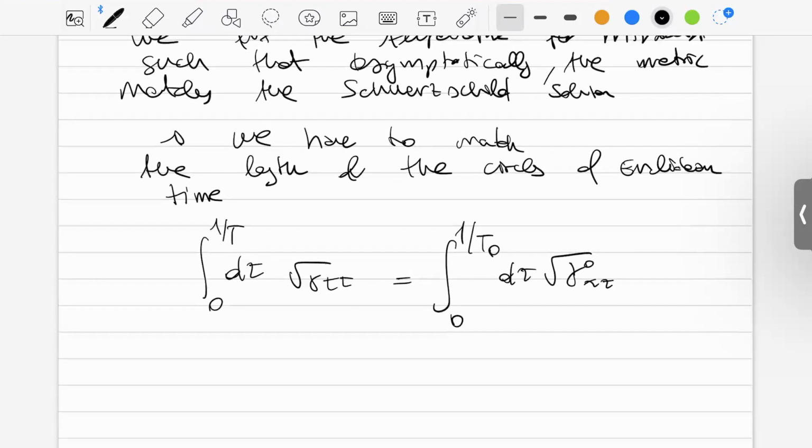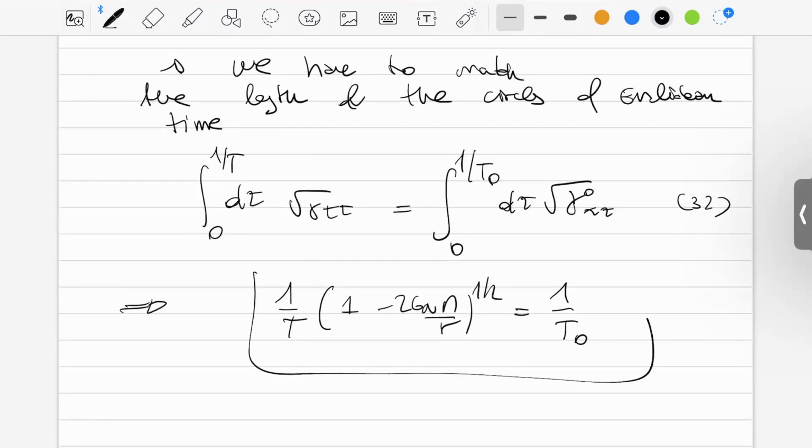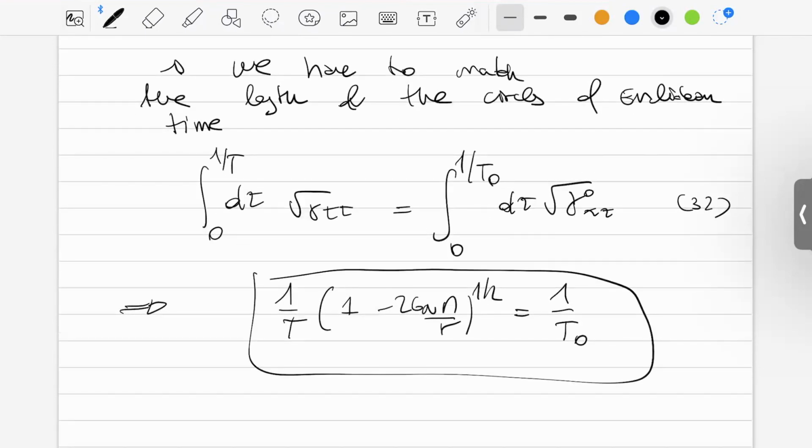On the left-hand side I use gamma, on the right-hand side I use gamma 0, but they have to be the same. If I plug in the expression of the tau tau component, I arrive at the following condition: 1 minus 2GM divided by r to the power 1/2, equal to 1 divided by T0. So this condition tells us the relationship between T and T0.